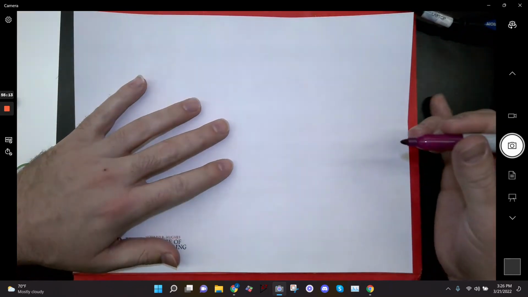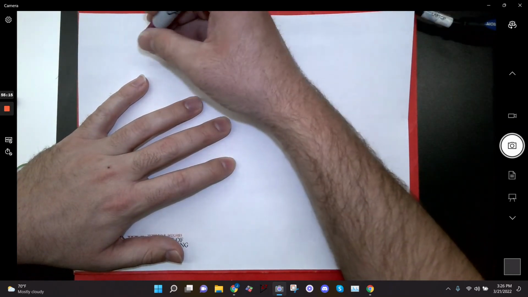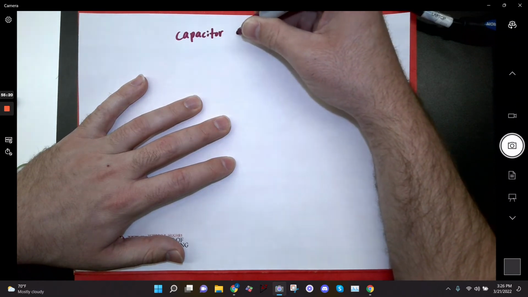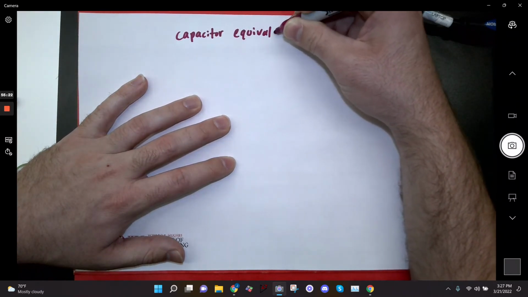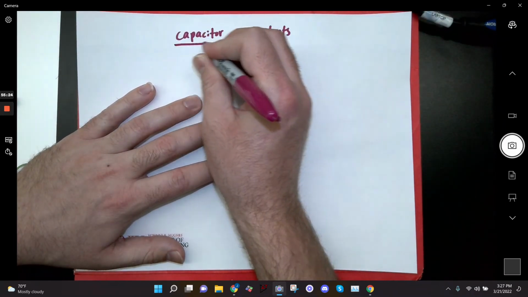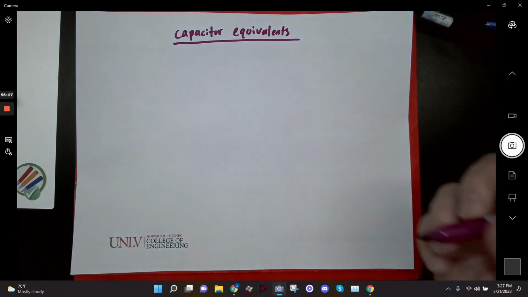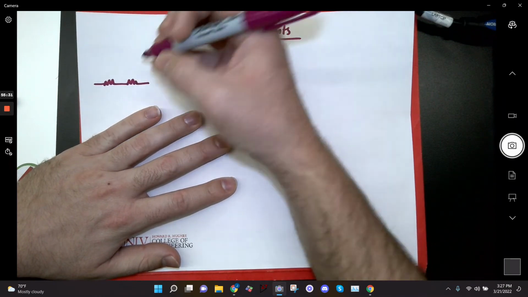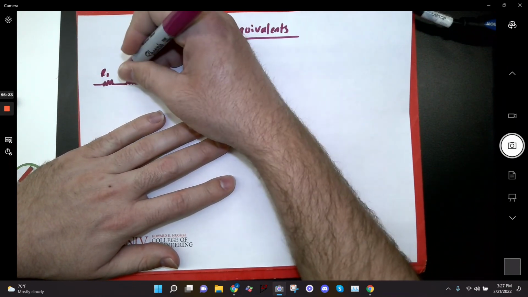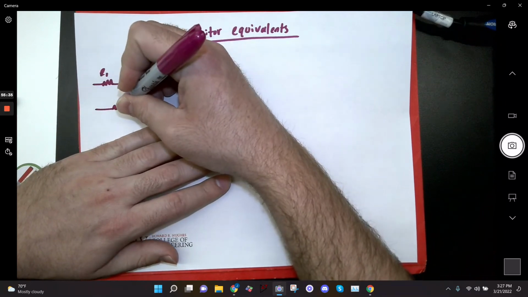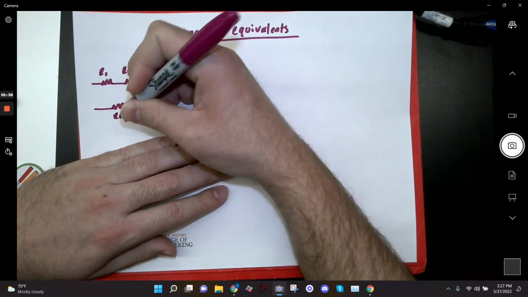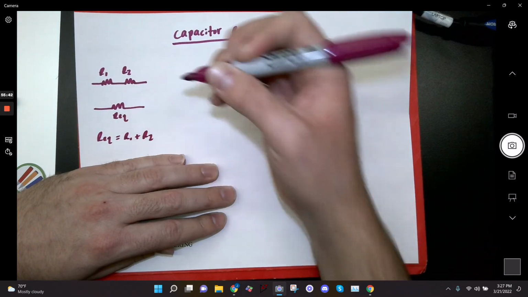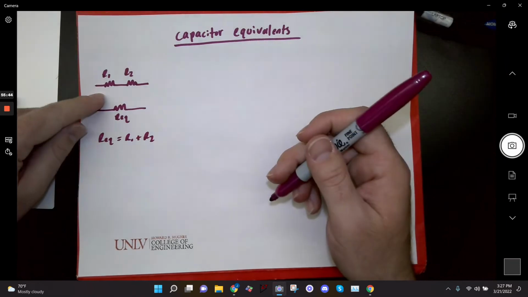But exactly like Jaden said, let me go through capacitors equivalent. It's the opposite of how resistors work. So with resistors, if I had two resistors in series, R1, R2, I could say that my R equivalent was equal to R1 plus R2. That's resistors in series.